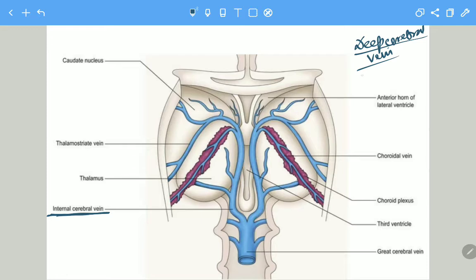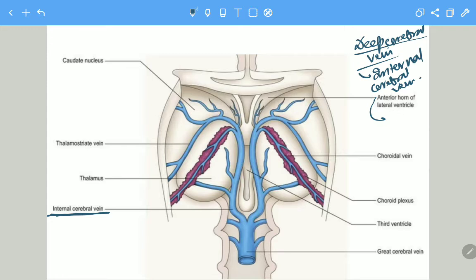So in the deep group, there are two internal cerebral veins present on either side of the midline, and these internal cerebral veins are formed by the union of two veins.